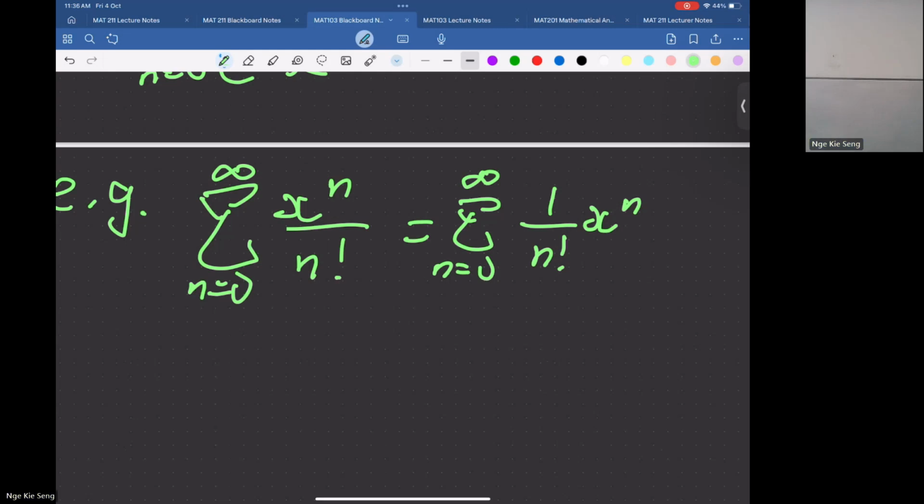What is 1 factorial? 2 factorial? 3 factorial? 4 factorial? 24. 5 factorial? 24 jumps to 120. 6 factorial? 720. So it jumped from 120 to 720, and you can compute more, 7 factorial, 8 factorial. It increases pretty fast.